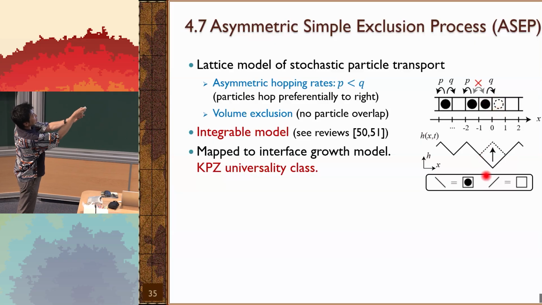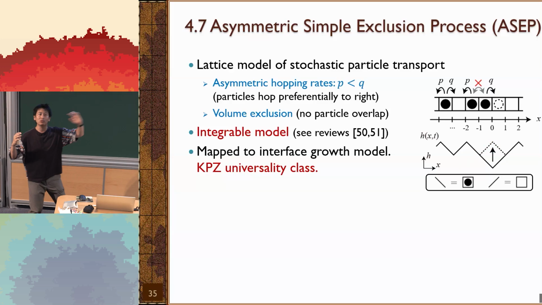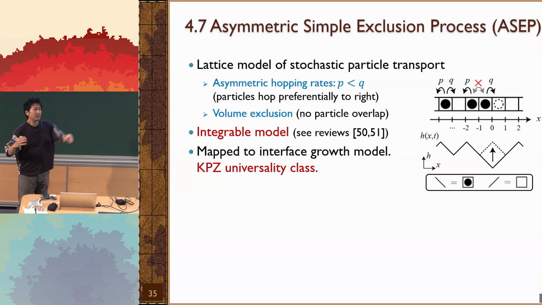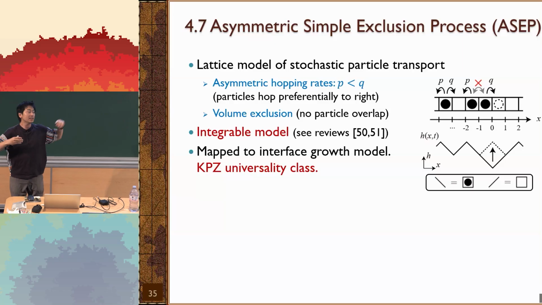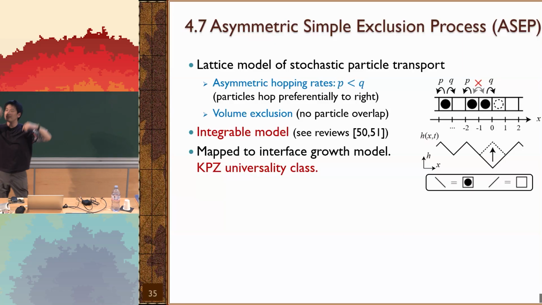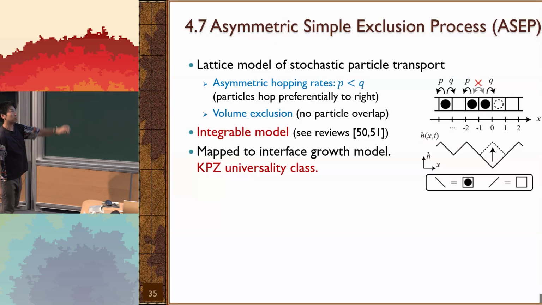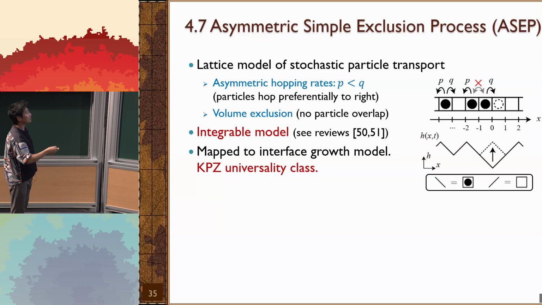Then it amounts to increase of this local height by a unit, right? And I remind you that particles tend to hop rightward on average. If a particle hops to right, the interface goes up. So you can see that this interface grows upward on average. So this is an interface growth model. There is a nonlinearity in the interaction.